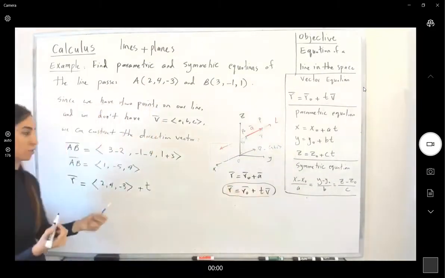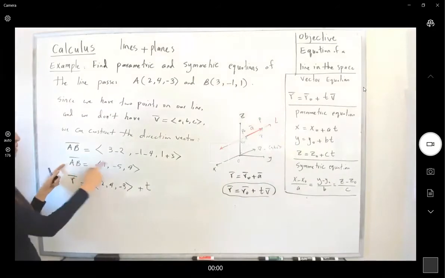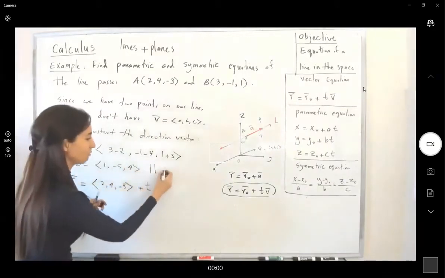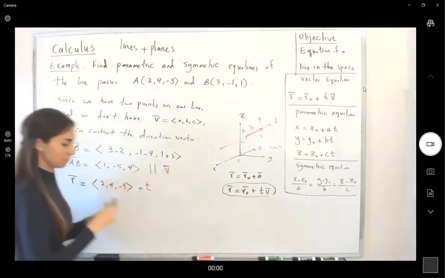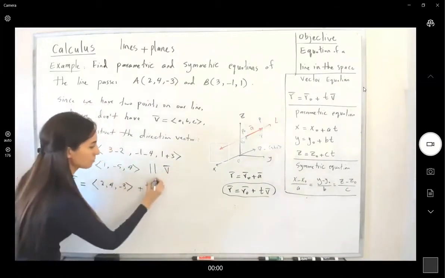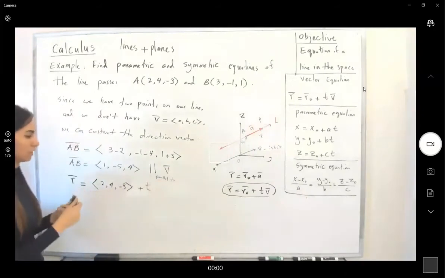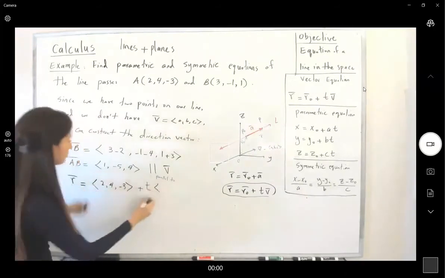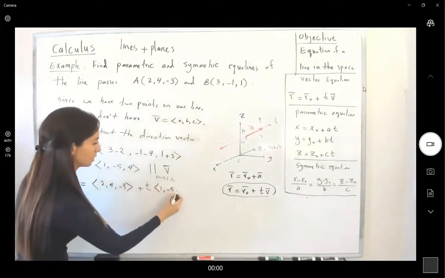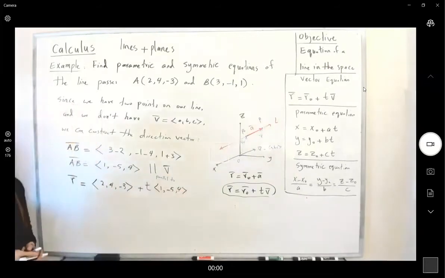And vector v: you know that this vector AB is parallel to vector v, so we can use that, why not? t times (1, -5, 4).